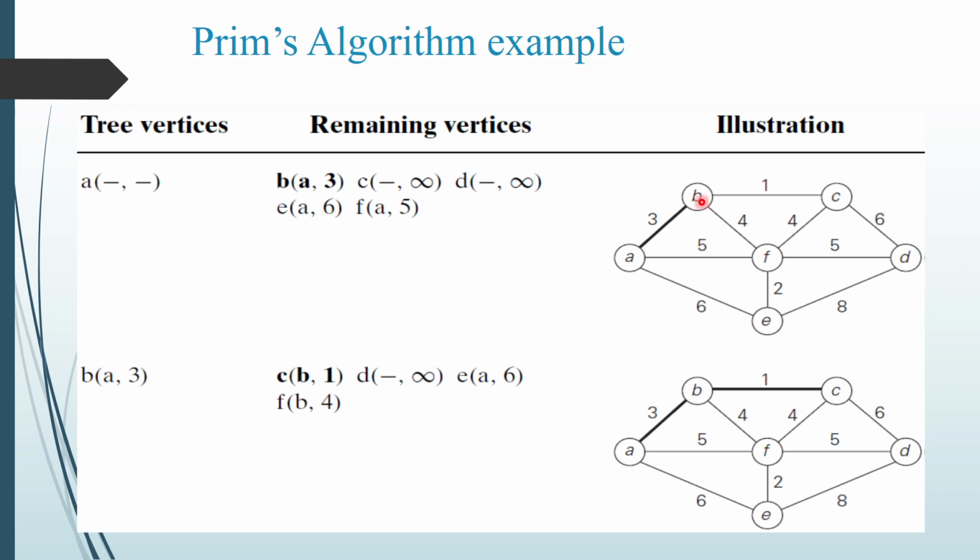Assume that at present this is the graph and all the vertices are unvisited. So I'll mark them as 0. Assume that at present no vertices are visited, so I'll take them as unvisited.